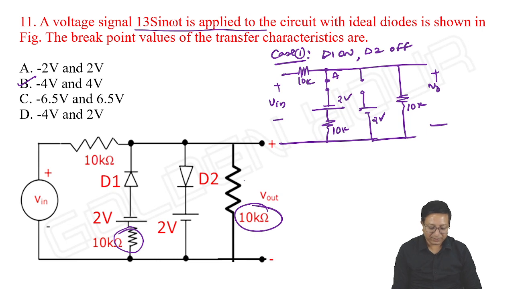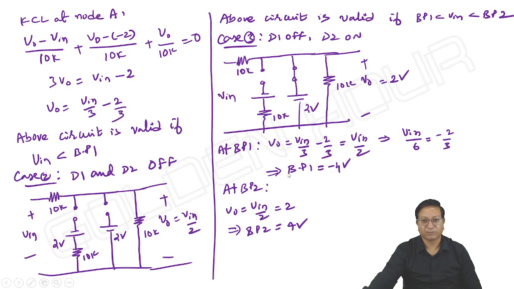If this 10K is not present, our breakpoints might be -2 and +2. Because of this 10 kilo ohm, the breakpoint values are increasing. Anyway, instead of -2 and +2, we are getting -4 and +4. In addition to that, if this 10K is added, that is not disturbing our breakpoint values. That's it. This is the correction in the problem.